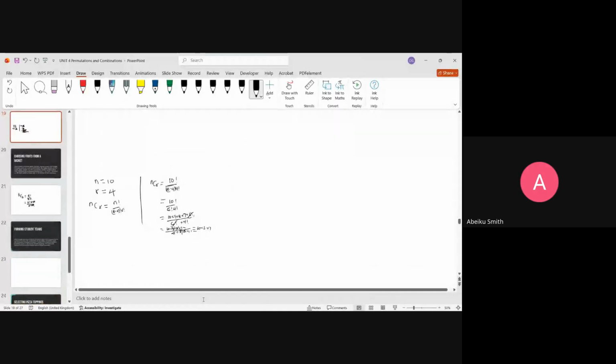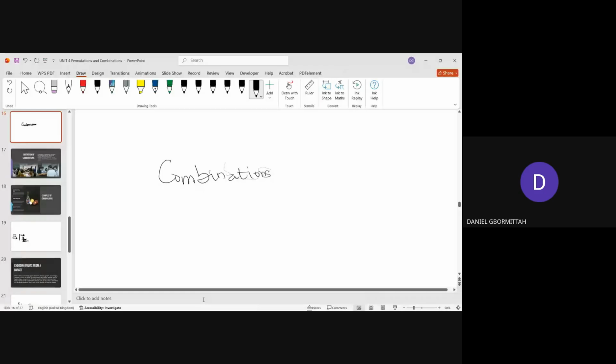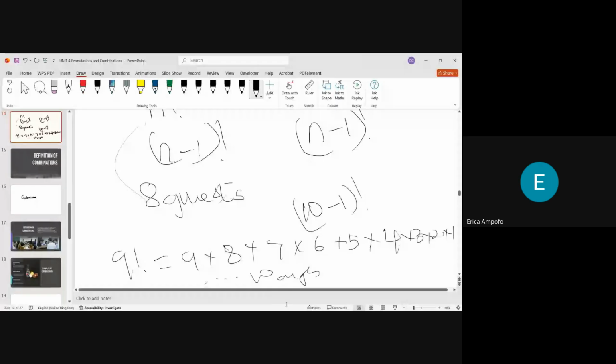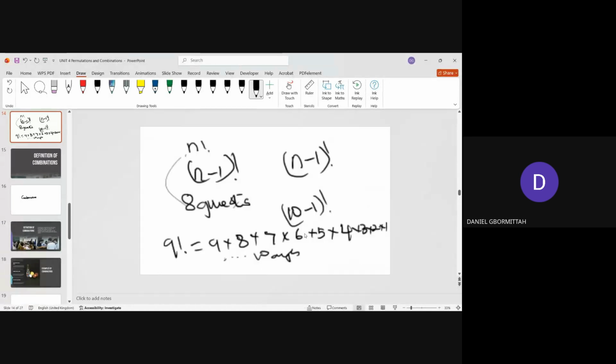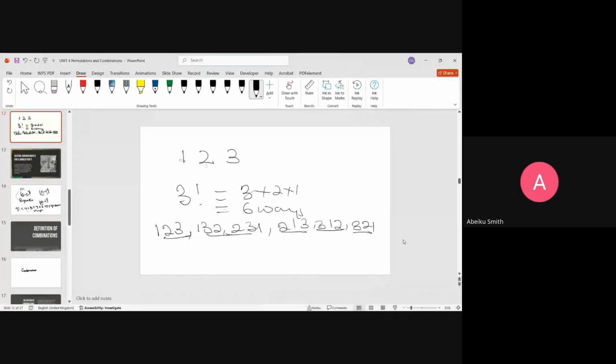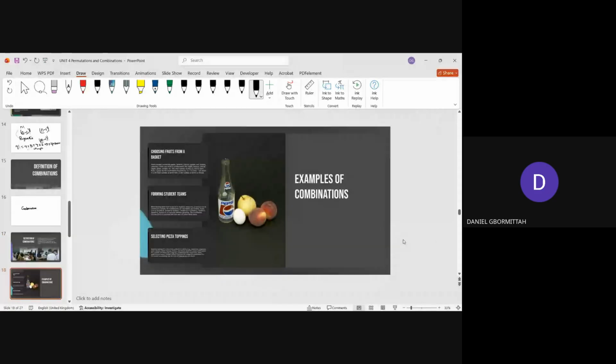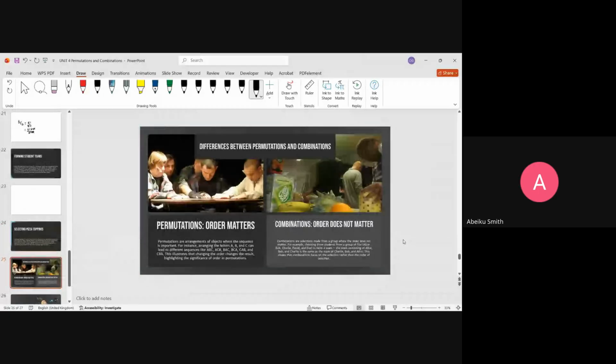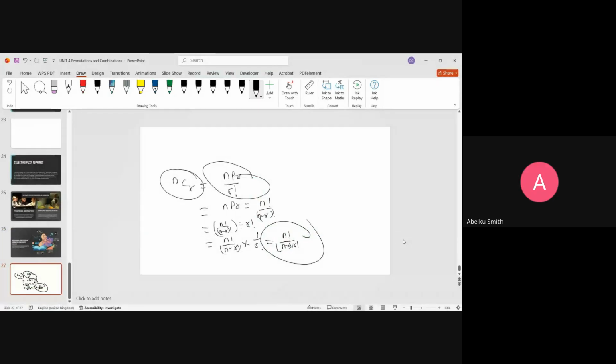Not this one, the one after this. Let me narrow it a little bit so that you can see. Go forward. Is it this one? Yes.